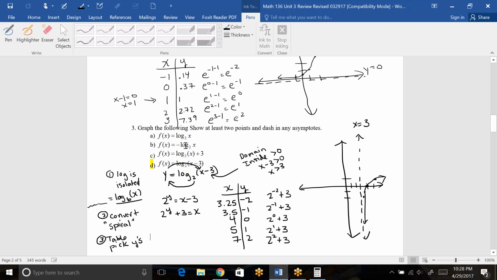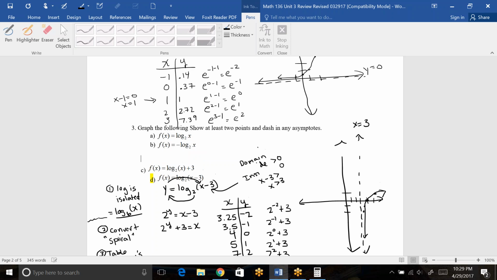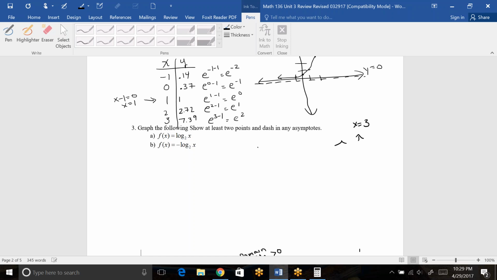Let's see if it'll let me. It may not like me to do this. We'll see. Yeah, it split my graph. You silly thing. All right, hang on just a second.